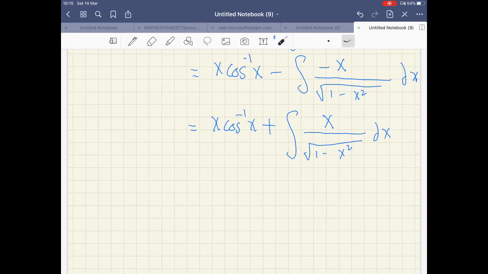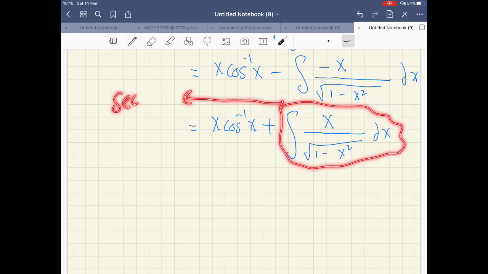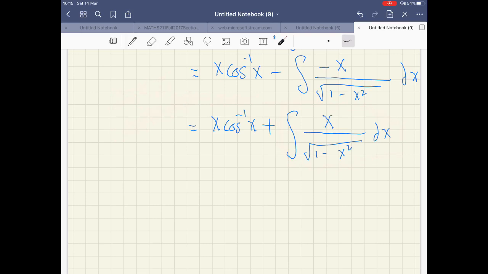Now, in order to find this integral, we will use whatever we have learned in section 5.5, which is the usual substitution. Why the usual substitution? Because here we have an inner function, which the derivative of this is almost here. So that's how we will do it.